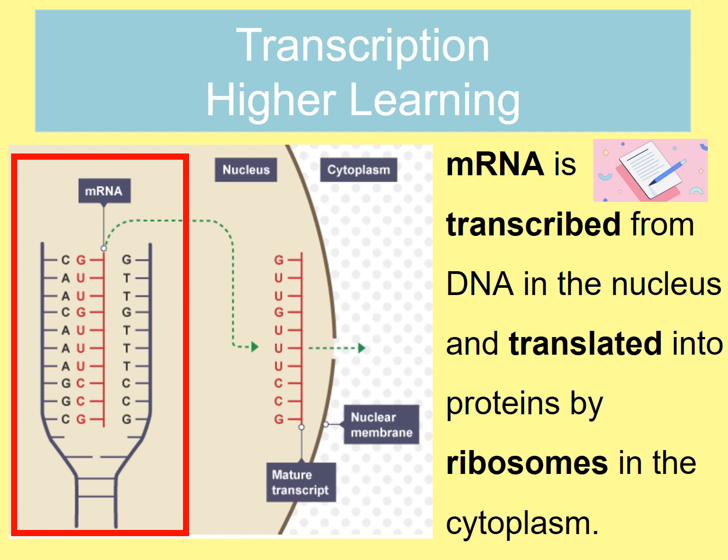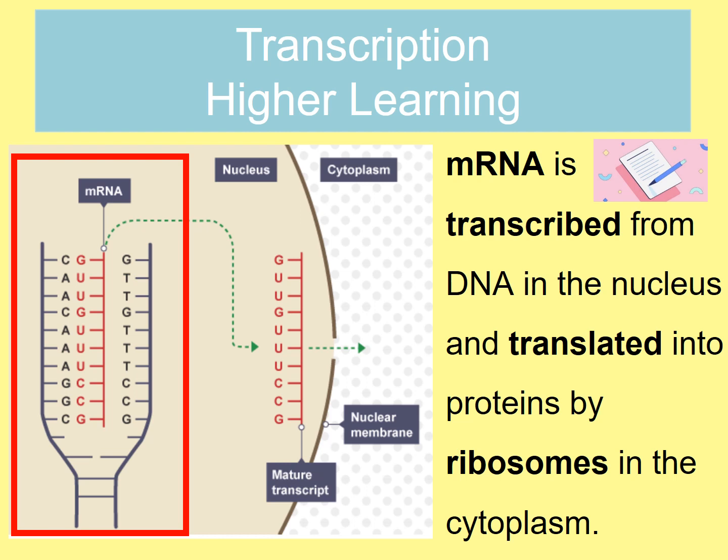So the problem we've got with gene expression is that the genetic information to make the protein is in the nucleus. However, the assembly of amino acids to make the protein is carried out on ribosomes, which are in the cytoplasm. So this is where we see the role of these 2 RNA molecules.